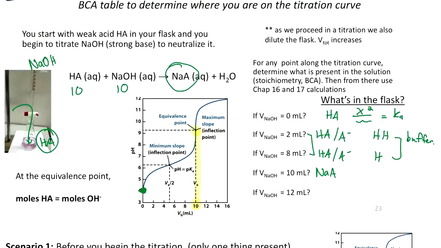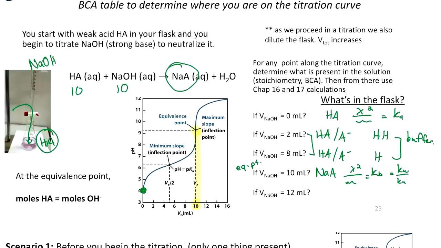It's not a weak acid, it's actually a weak base. Do you know how to calculate the pH of a weak base? Yeah, it is x squared over initial concentration, but it has to be equal to Kb. That's chapter 16, where we get Kb from Kw over Ka. So this is your equivalence point, where all of the HA has been converted to NaA.